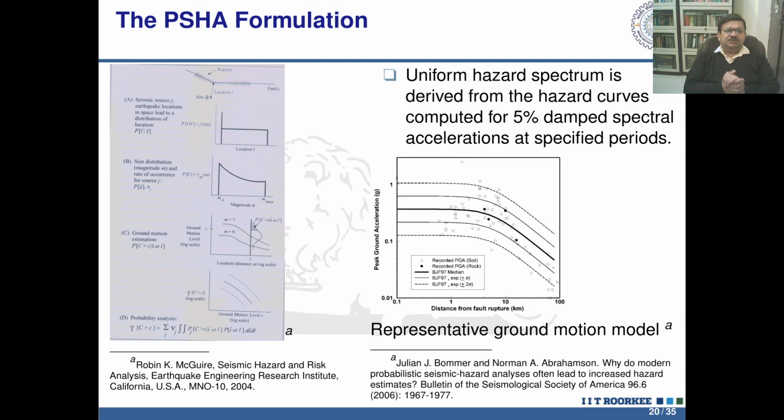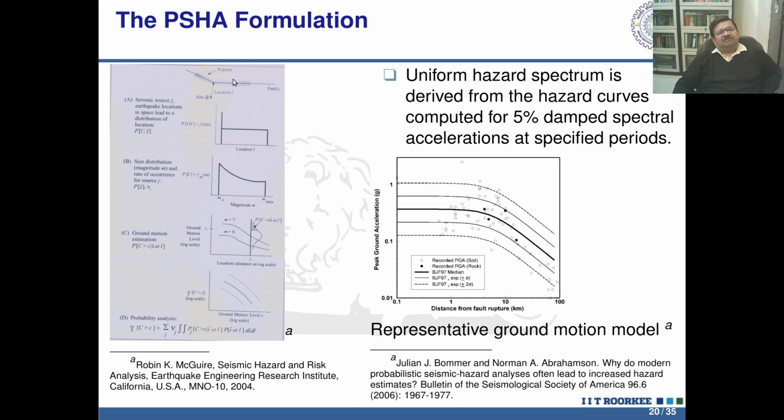Probabilistic seismic hazard assessment essentially, as I mentioned while comparing the two zoning maps, takes into account the seismic activity of a region, and tries to make a difference between which area is more active and which area is less active.